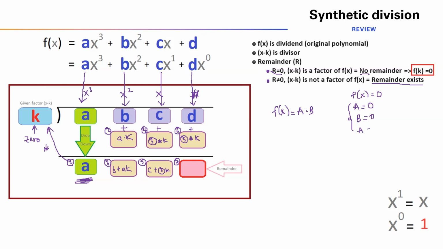So a equals b equals 0. In this case, one of our factors may be a equal to x minus k, right? And that makes f of x equal 0 at x equals k. So the remainder will be d plus the last box times k, right?